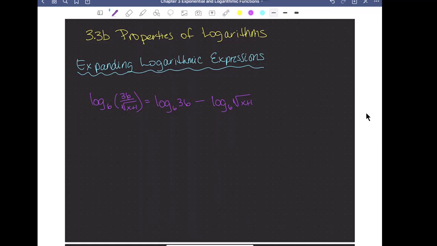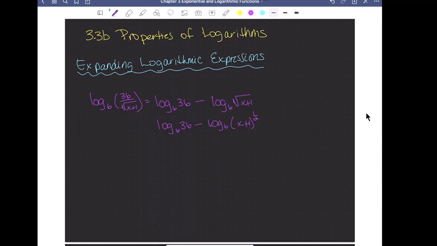But we really don't like that square root of x plus 1, so we know that we could write that as an exponent. So we would have log base 6 of 36 minus log base 6, and we know that we can write square roots as the exponent of 1/2.